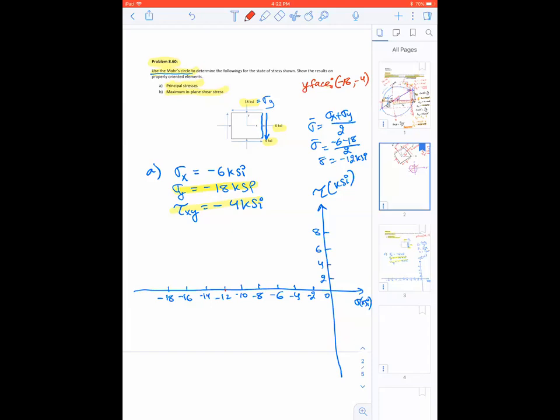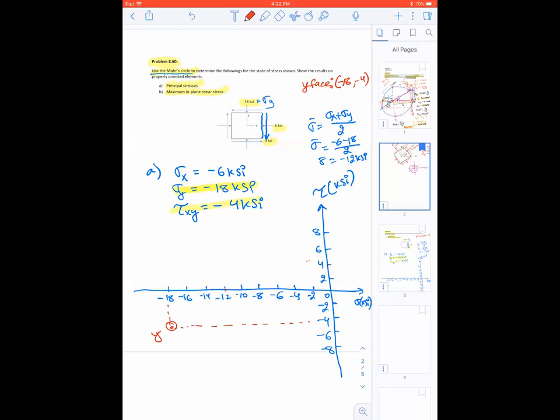So minus 4 is somewhere here. I am sorry, we have to draw this: minus 2, minus 4, minus 6, minus 8. Okay. So now minus 4, minus 18. So this is my Y face.